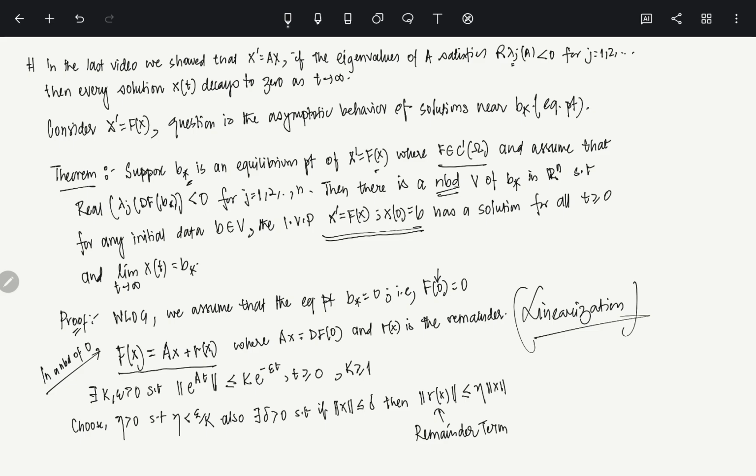Then the solution exists for all time t. It has to be. Otherwise, you cannot trap it in a compact set. So if this problem is not solvable for all t, so basically the trajectory does not exist for all positive t, then the solution of this problem must leave the ball B(0, delta) bar.